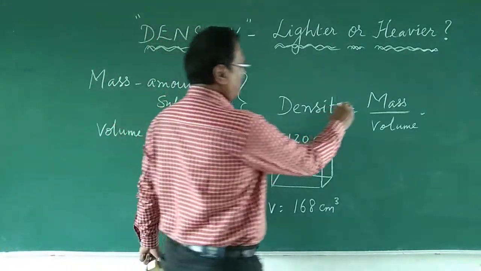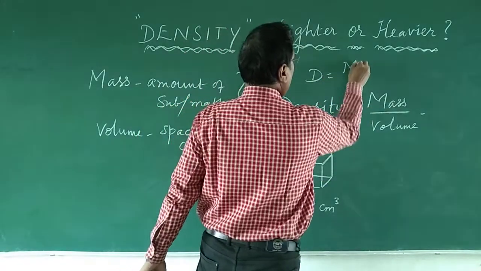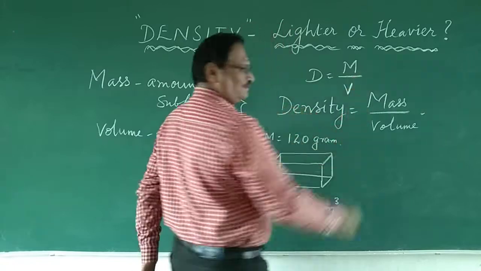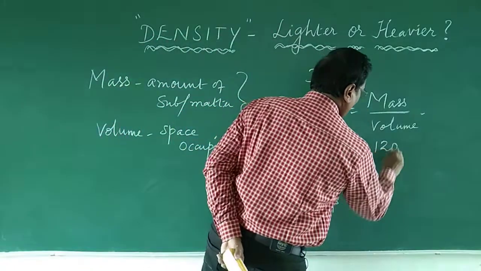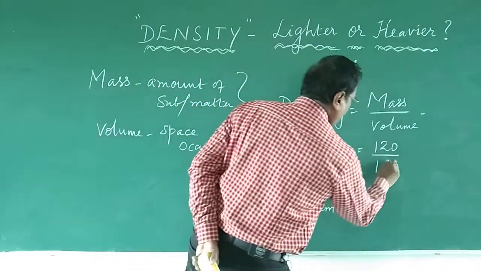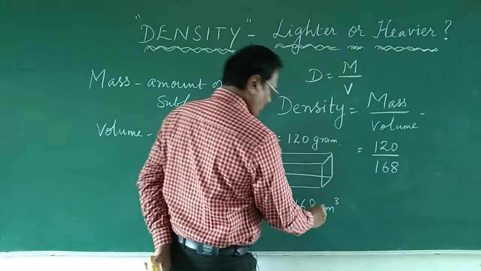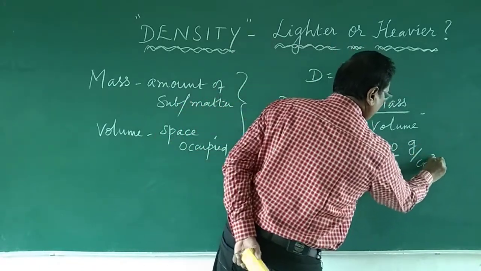Now I want to calculate density. Density is equal to the formula mass upon volume. What is the mass? 120 divided by 168. Okay, this is gram and this is cubic centimeter, right?